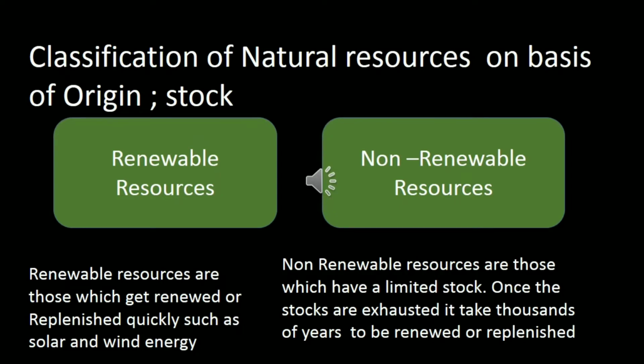Once these stocks are exhausted, it takes thousands of years to renew or replenish. Here the examples are wind and solar for renewable, and petroleum and coal for non-renewable. They take thousands of years to renew, a period much longer than the human lifespan. So this is about non-renewable resources.